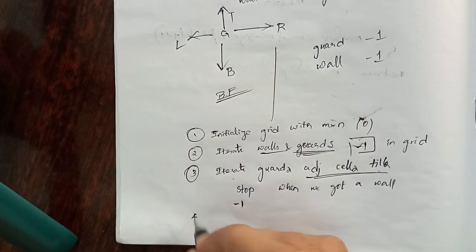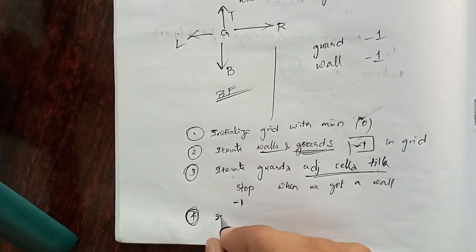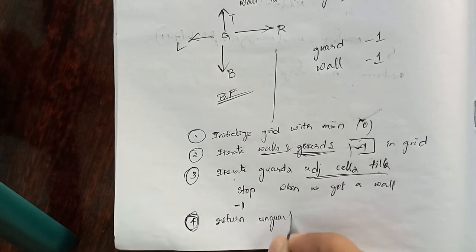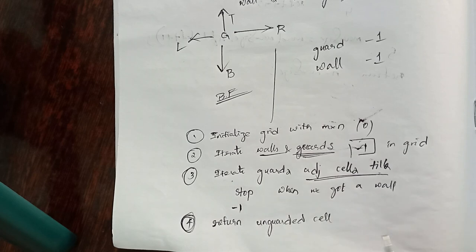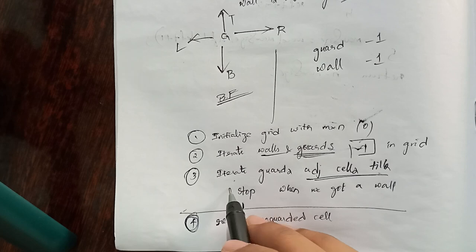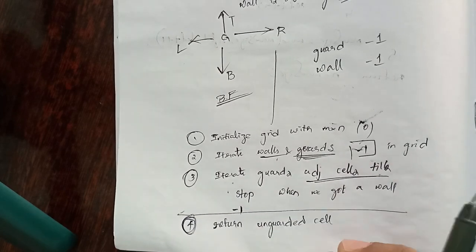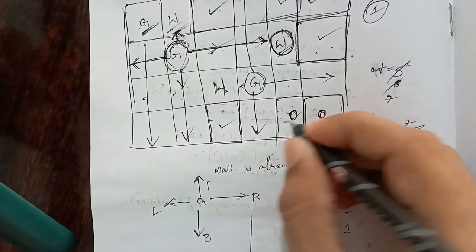And the fourth thing which we need to do is return the number of unguarded cells. So how can we know how many are unguarded cells? After doing this iteration of guards and walls with the adjacent cells too, we will be remaining with unguarded cells as 0.